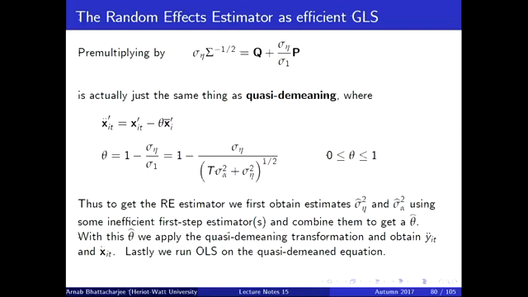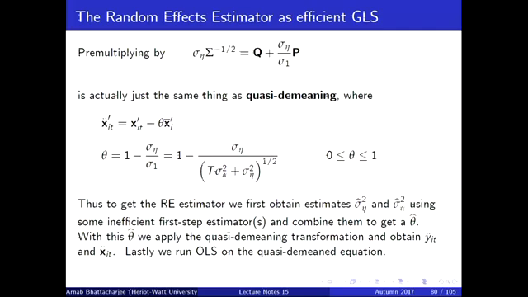Okay. So that is random effects. Now we have seen different ways of exploiting the variation in the data. We saw two different ways of exploiting the within variation: one was first differencing, one was fixed effects.